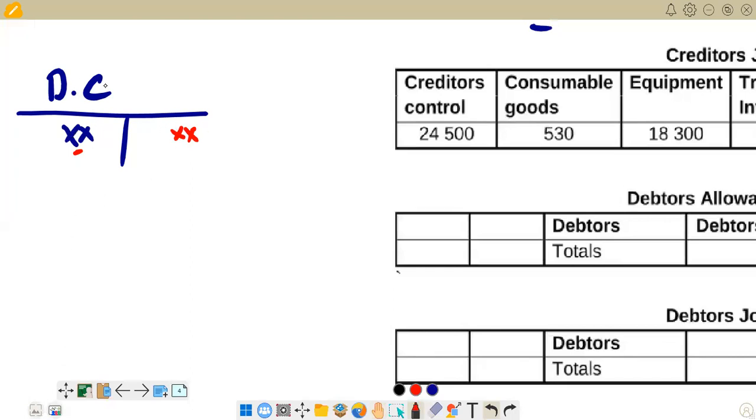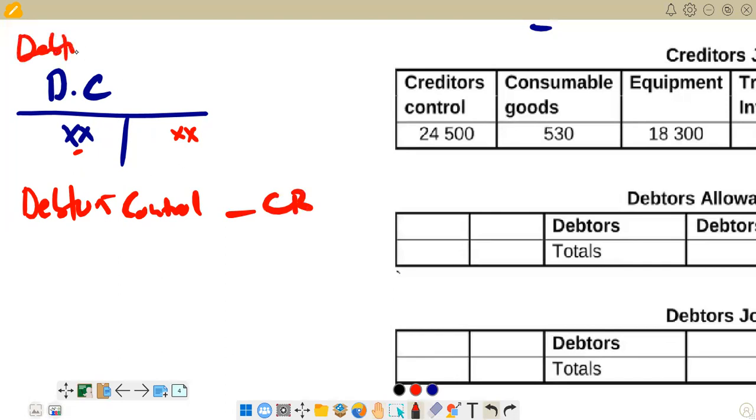So we credit debtors control. Debtors control is going to be credited when they are debtors allowances. And then these goods are coming back into the business.